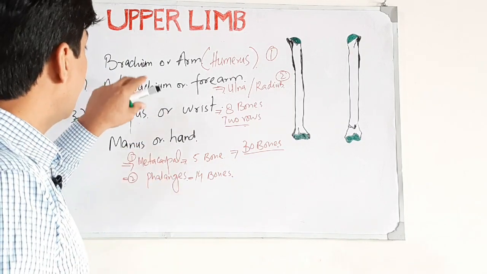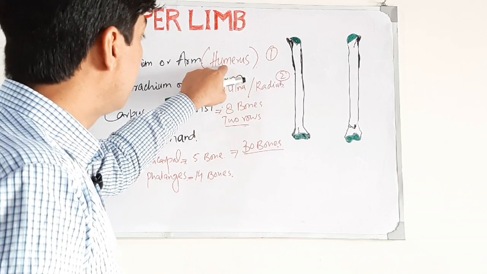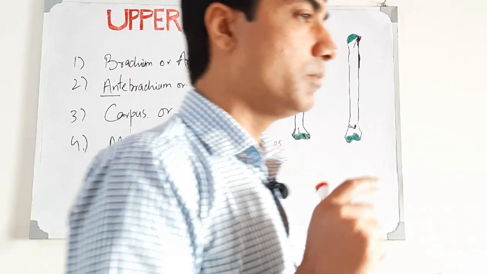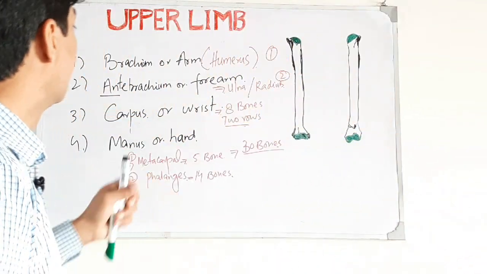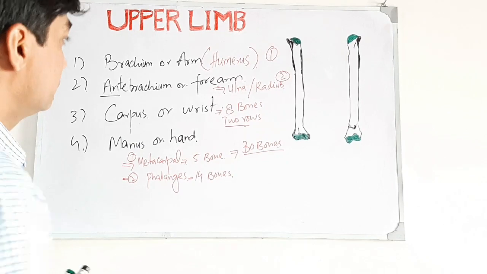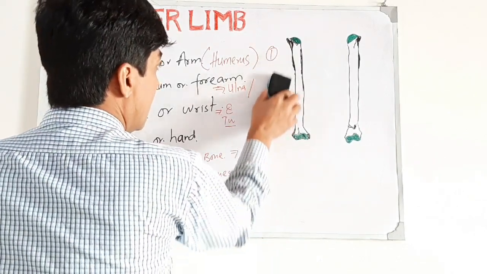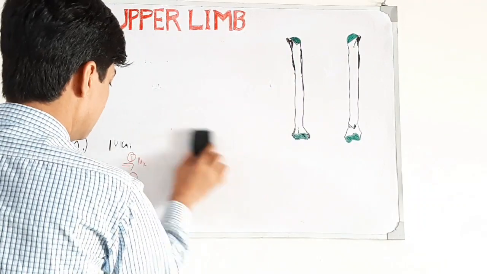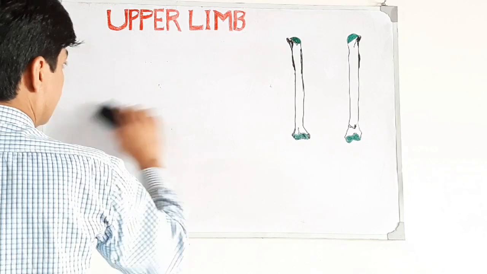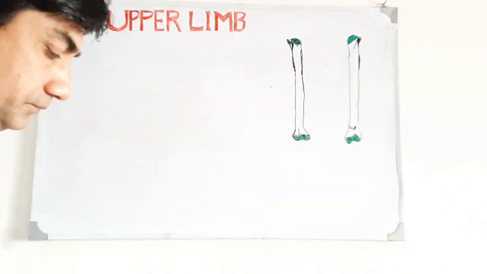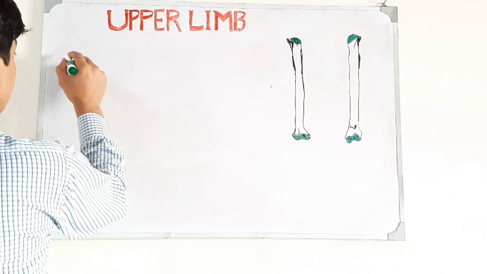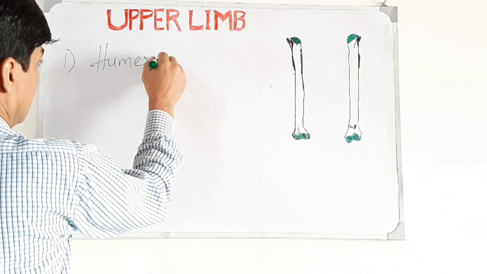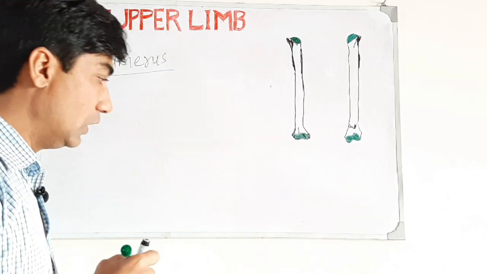Now we are going to talk about just the brachium, the part of the upper limb that contains a single bone, the humerus. The humerus is a type of long bone.